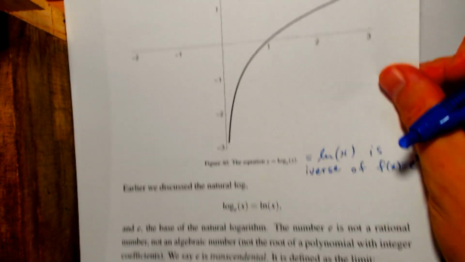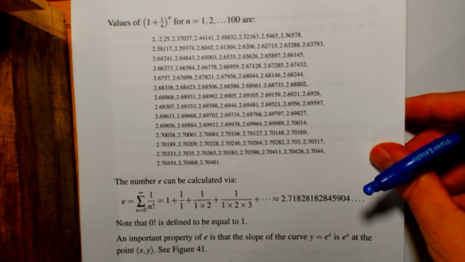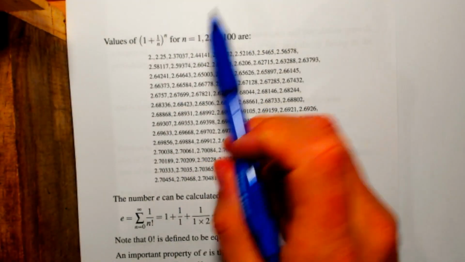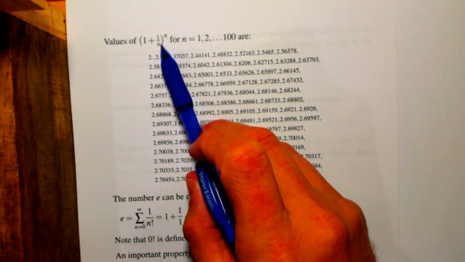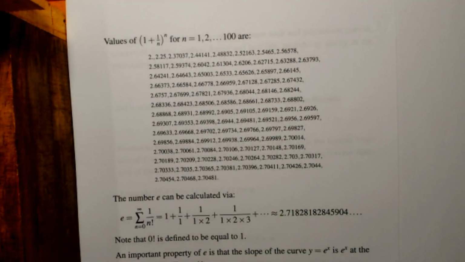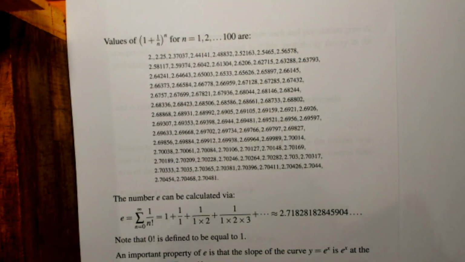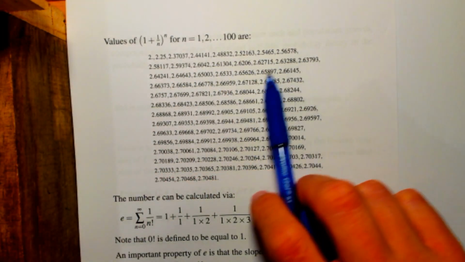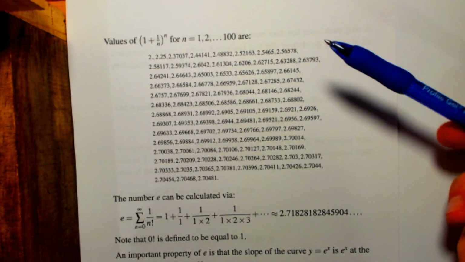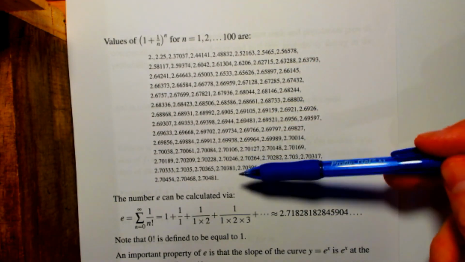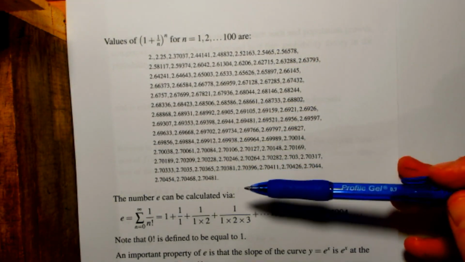I think this is on the next page. Here we go. So 1 plus 1 over 2 to the power of 2 is 1.5 to the power of 2, which is 2.25. And so if you kept that pattern going, you get these numbers. But as they go on, they get closer and closer to the number e.